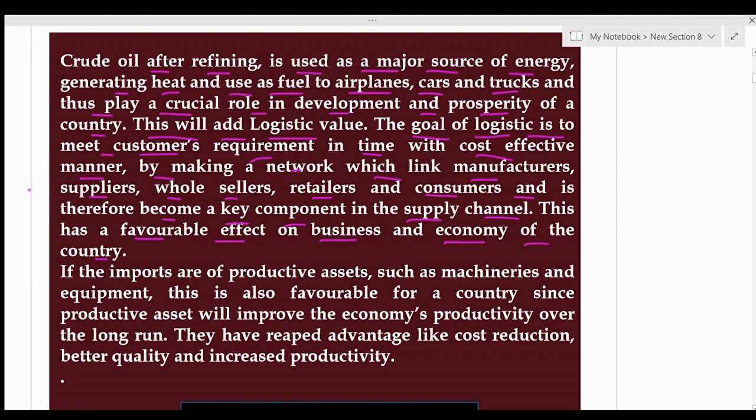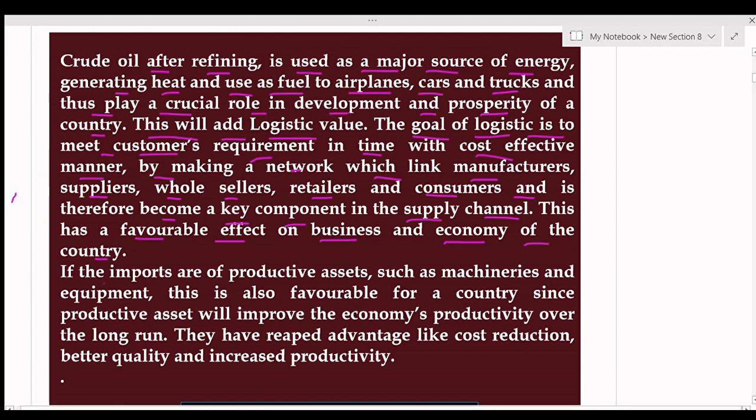Now, if the imports are of productive assets such as machineries and equipment, this is also favorable for a country since productive assets will improve the economy's productivity over the long run. They have reaped advantages like cost reduction, better quality and increased productivity.